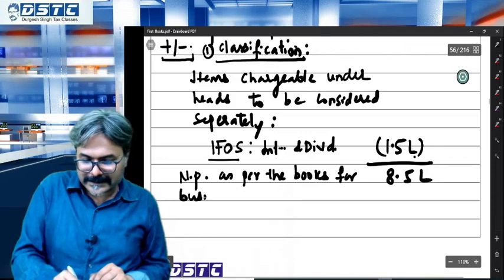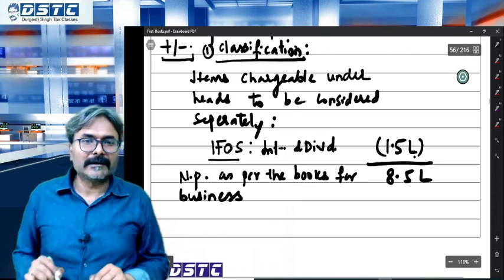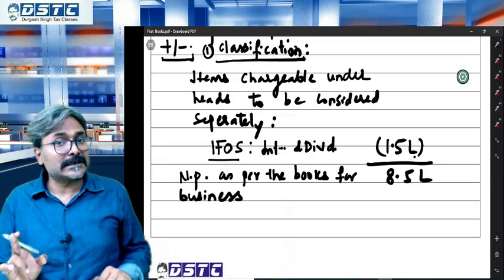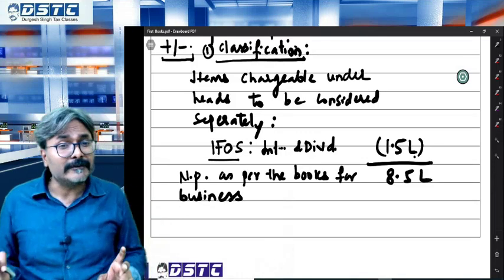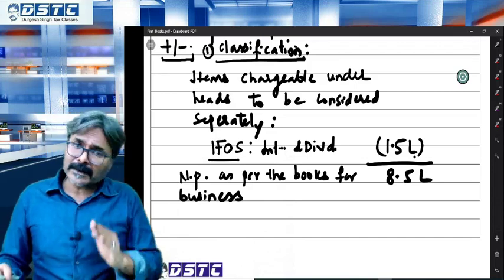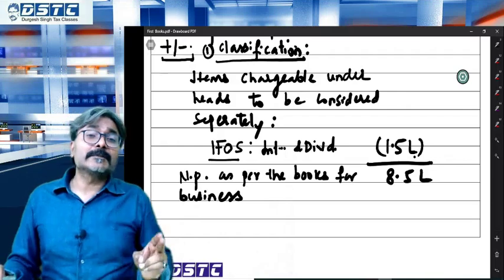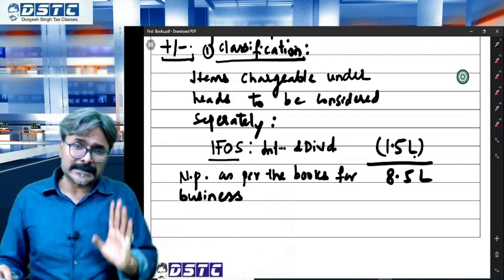For business. Now you are getting into the relevant area. By doing the first step, which is classification, where you have arrived is again the accounting profit itself, but this accounting profit is to do with the business.